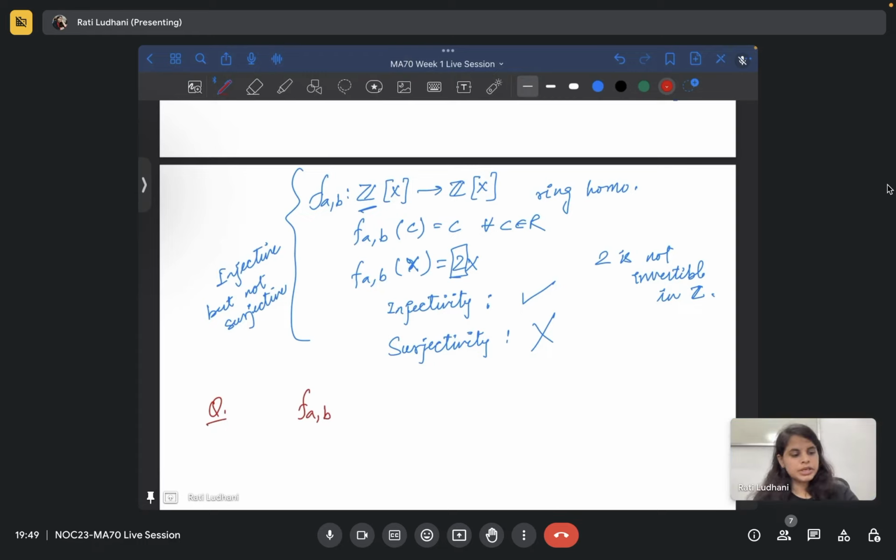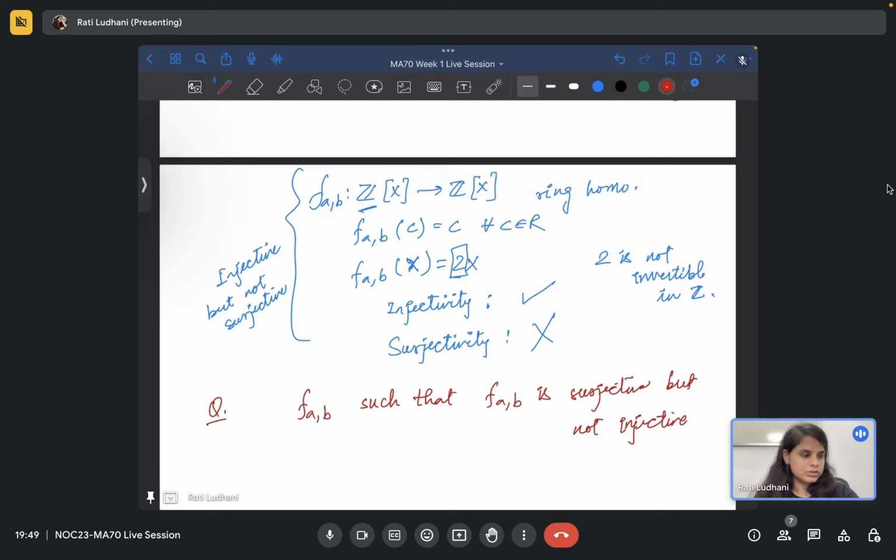So as he asked, can you find some f_{a,b} such that f_{a,b} is surjective but not injective? This might be hard because I don't think such an example exists, but you can try it out.